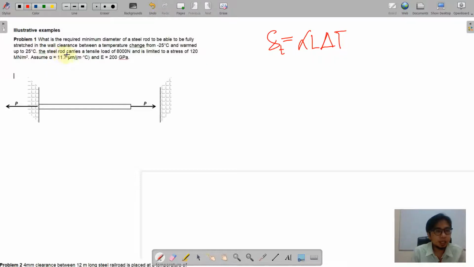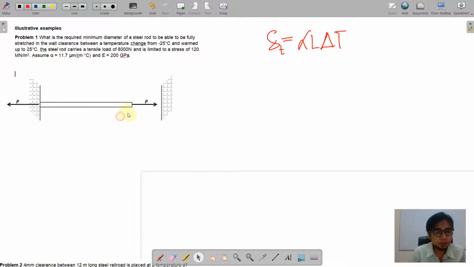The steel rod carries a tensile load of 8,000 Newton and is limited to a stress of 120 megapascals. Given the coefficient of thermal expansion and the modulus of elasticity, let us work on this problem now.